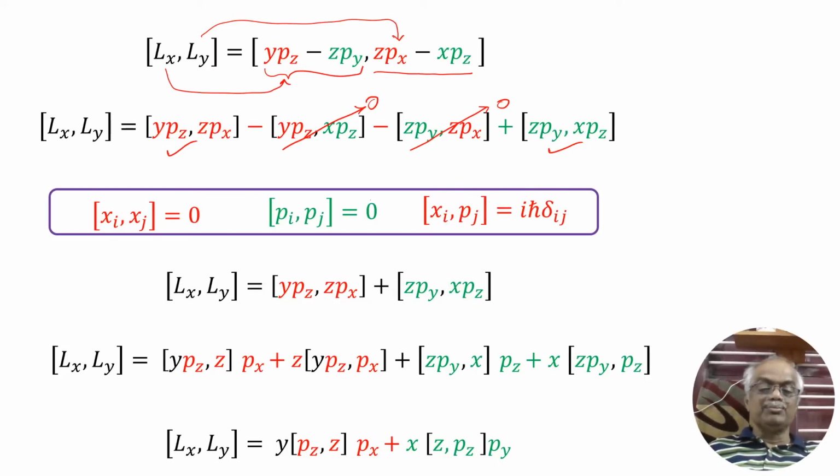Here you can see there are px and pz, with no x or z, only y is there. So naturally this will commute, so this will be 0. Then what about this third term? You have the y component of momentum. There is no y here, only z and x. So this will become 0, because they will commute with each other.